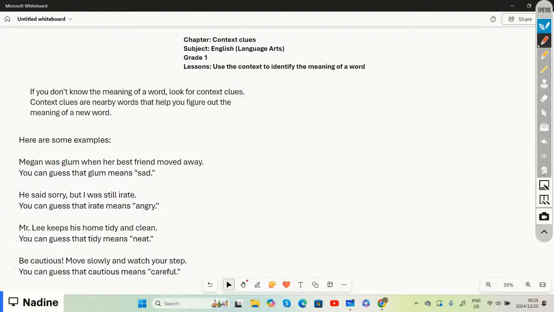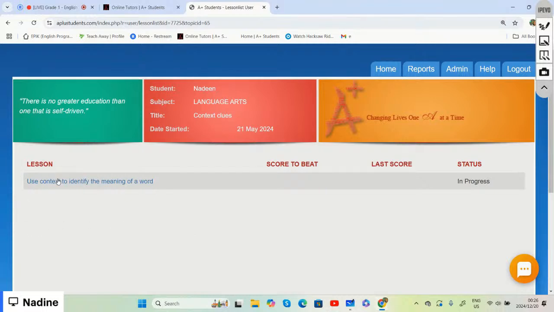All right, so now we're going to aplusstudents.ca and we're going to use the context to identify the meaning of a word.